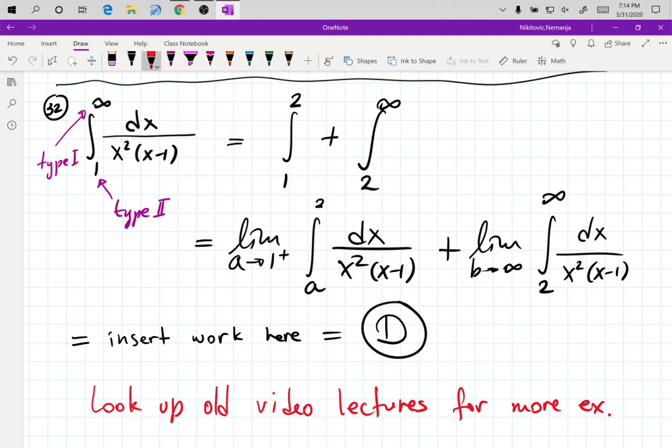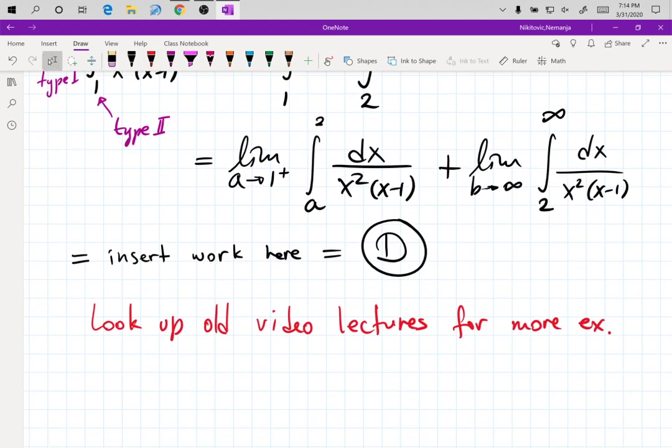Now we are done with chapter 8. And the next chapter for us... Oh, by the way, when I say look up old video lectures, section 7.9, because I think in the old book, I have to verify that. I don't have the copy of the old textbook. I only have this edition. And I'm drowning in Larson books. I have 3 of them here. Well, actually, hold on.